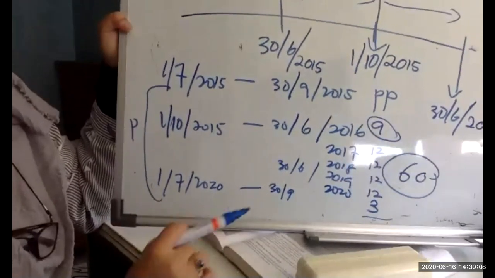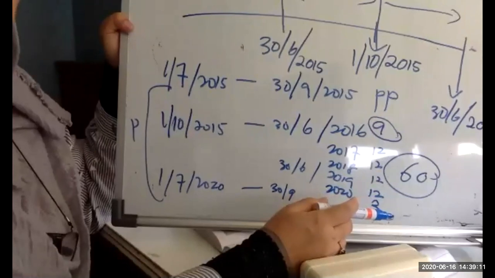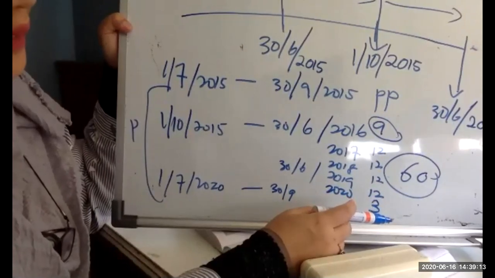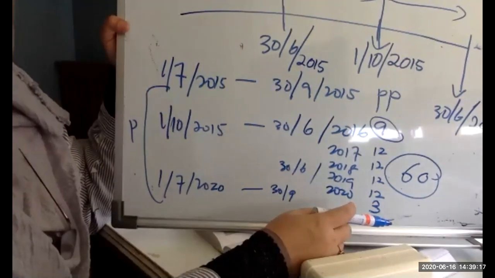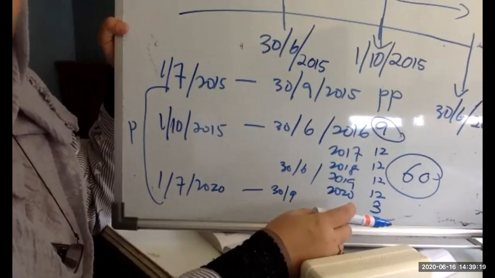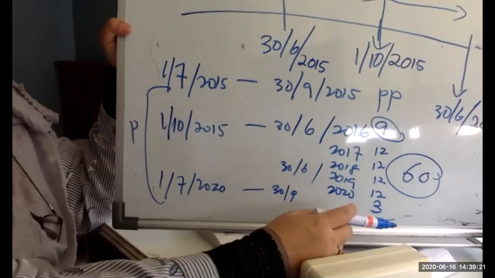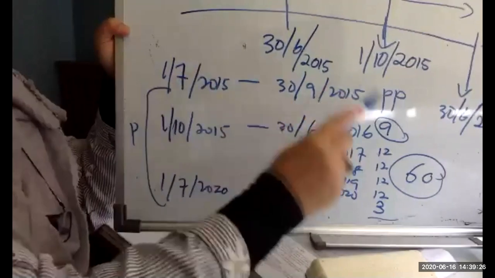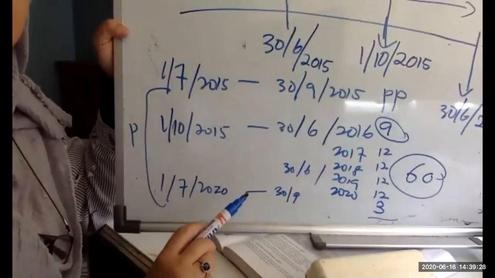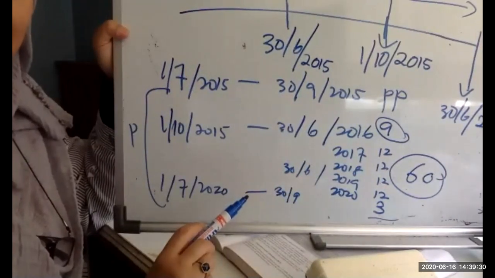So since the year end is 30th of June, from 1st October 2020 to 30th June 2021 is your post-pioneer period. You see that? That's how you determine and assess the year of assessment and the pioneer period.